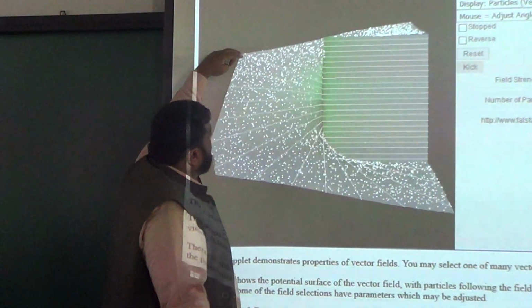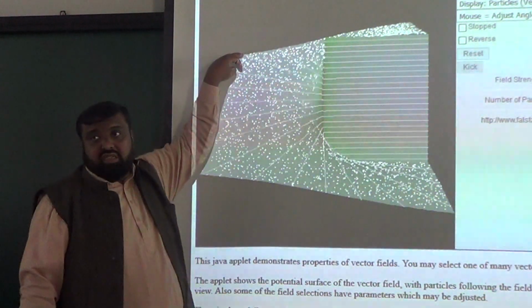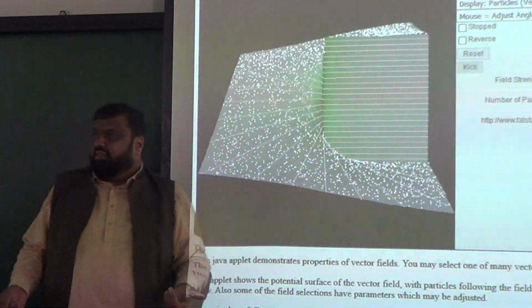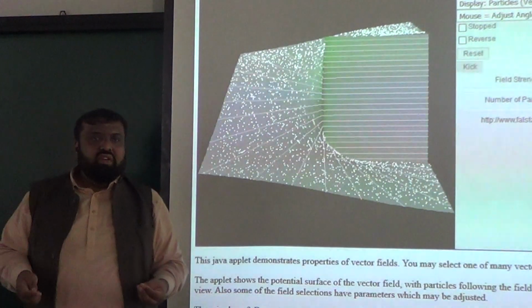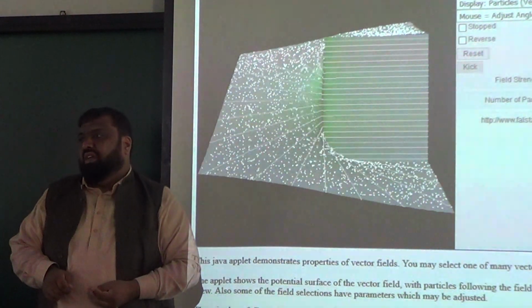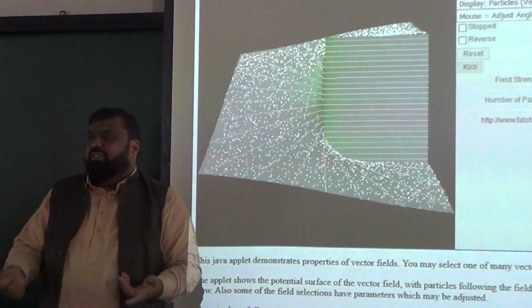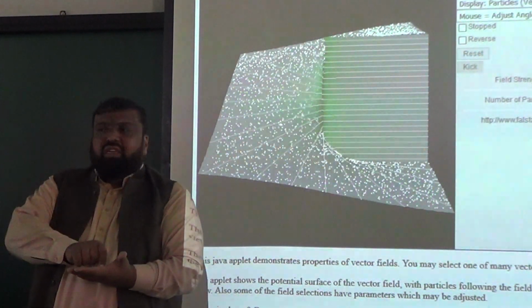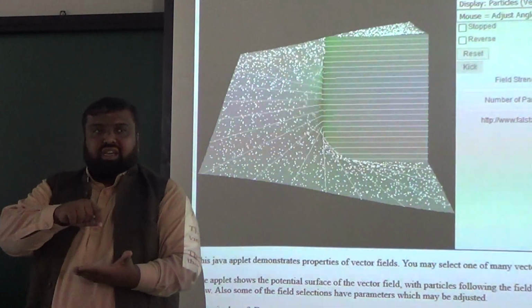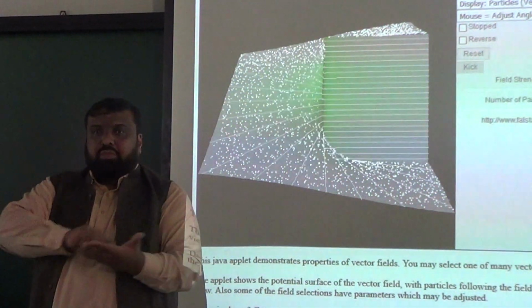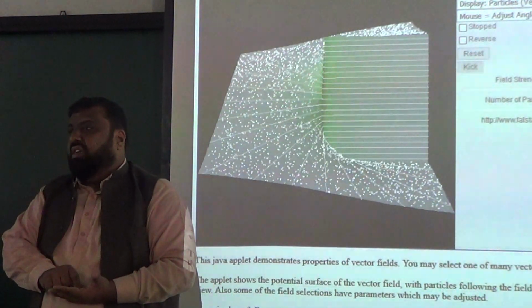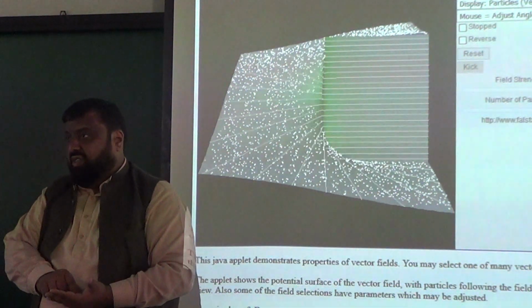How about those at the corner? Very slow. So divergence measures this. Whenever you are talking about the divergence of a vector field, you are saying that if I have a vector field and a point, and I look at the region around that point, how much of the stuff is leaving and how much of the stuff is staying.